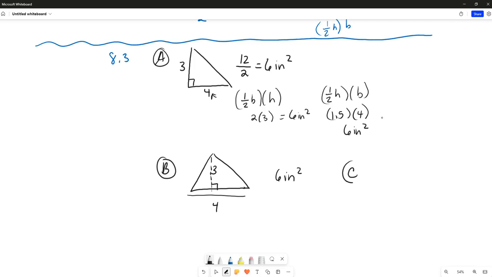All right, and then finally in C, we've got this obtuse triangle. The height is given as 3, and the base from here to here is 4. So this is also 6 inches squared.